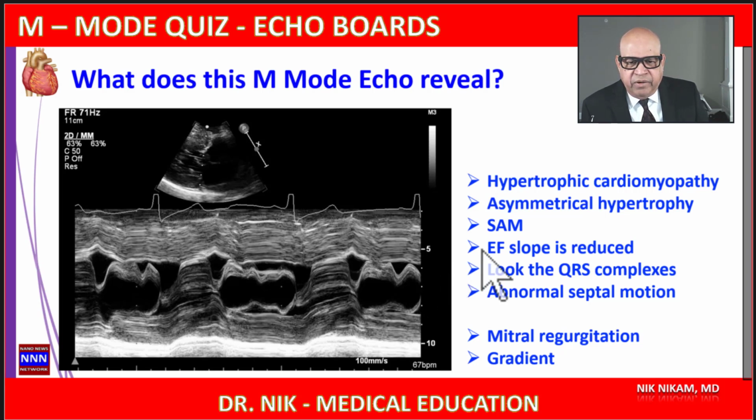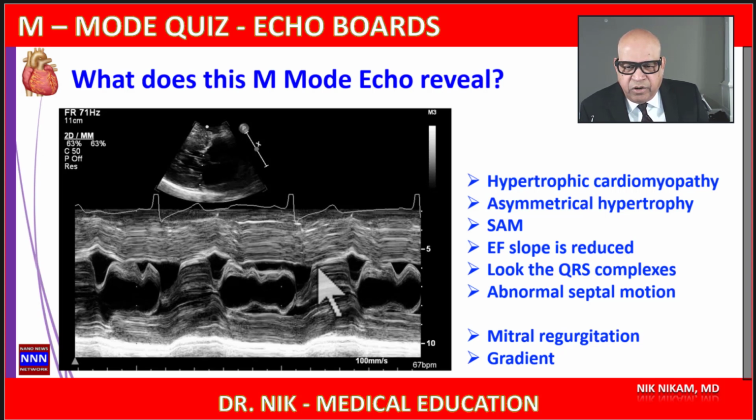So we have a reduced E to S slope. There's abnormal septal motion. As you can see, during systole, when the posterior wall is moving inwards, the septum is moving outwards. Usually you expect both the septum and the posterior wall to come together during cardiac systole.